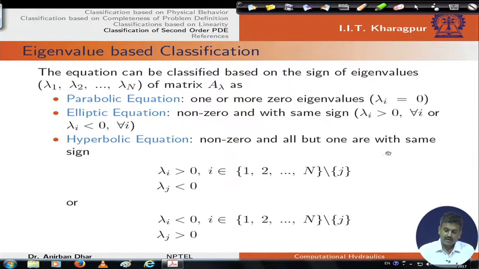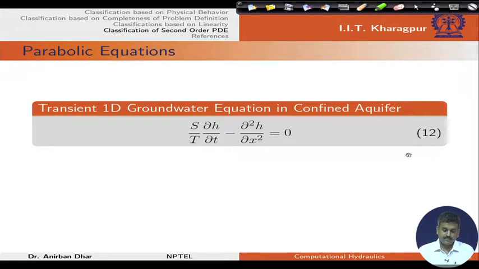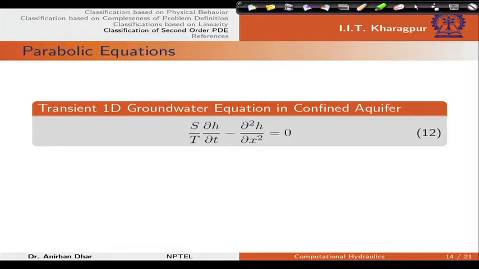If we consider examples for parabolic equation, we can take the same transient 1D groundwater equation in confined aquifer.